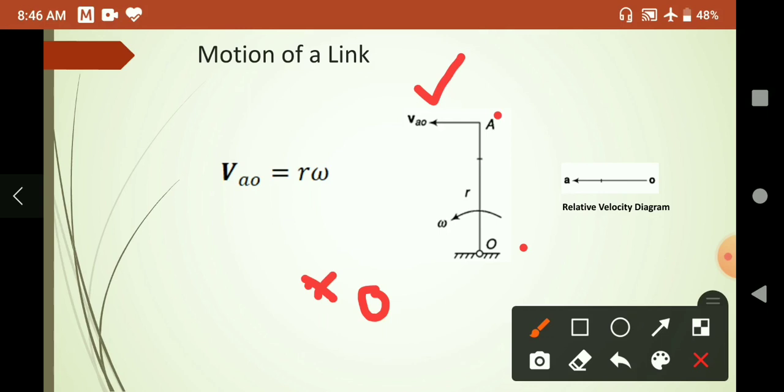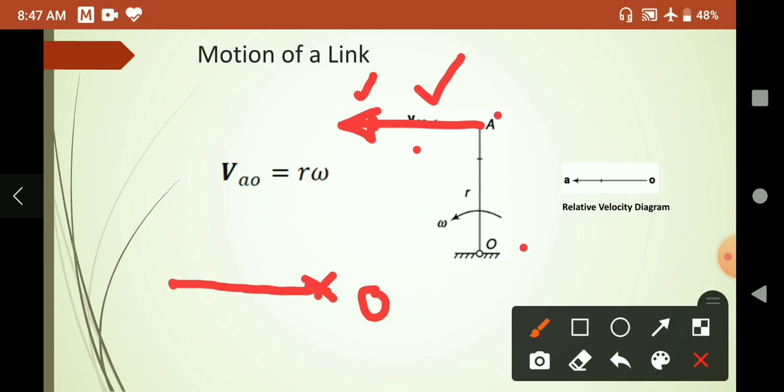So this is the direction of velocity of A relative to O. What you do is, first you draw a line perpendicular to link OA, and then you draw a line parallel to this line from O. Since this is the direction of velocity, you draw the line from O towards the left.